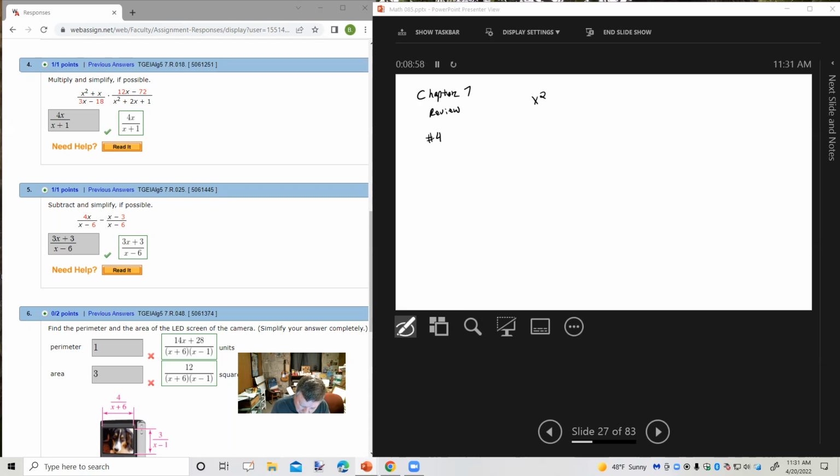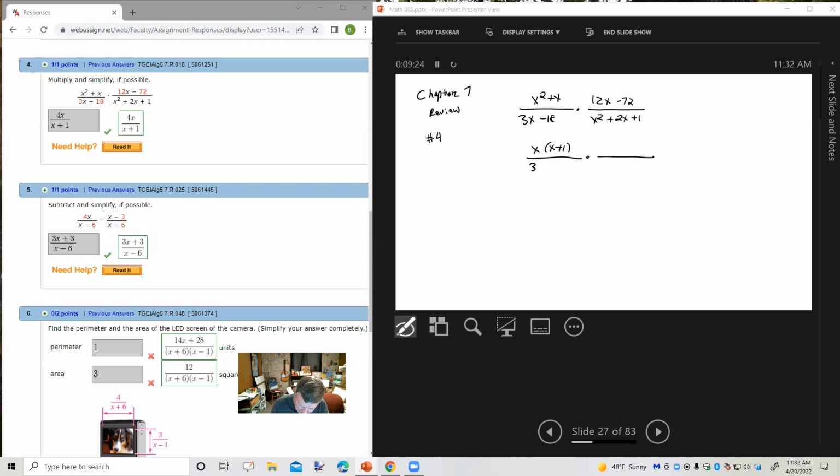So we've got x squared plus x over 3x minus 18 times 12x minus 72 over x squared plus 2x plus 1. Well, factoring everything, x squared plus x would be x times x plus 1, taking out the greatest common factor of an x.